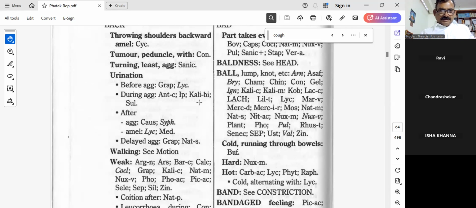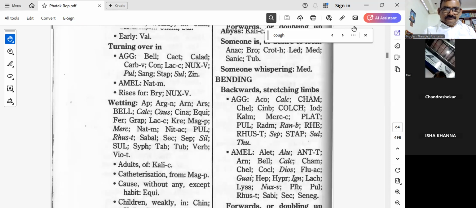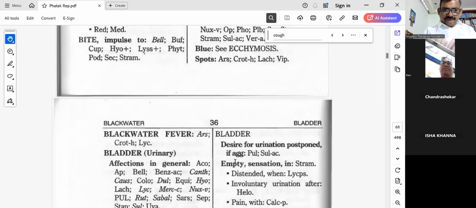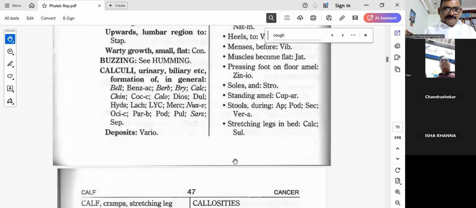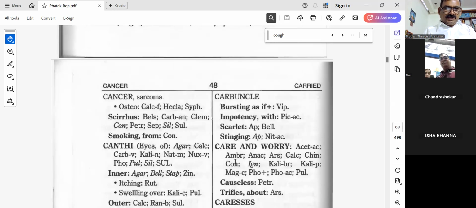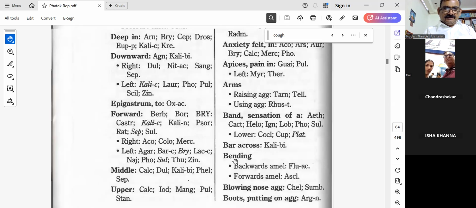We'll see where is page number 77. You will see it beautifully. You will be astonished to see how many types of cough there are, how detailed, how minute it is. 77.